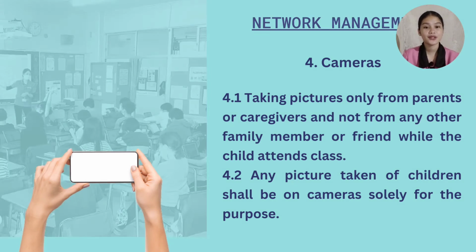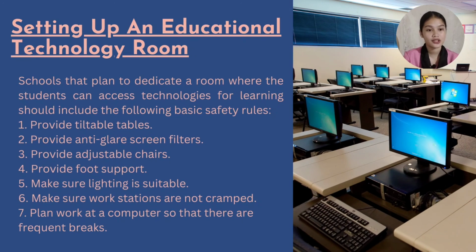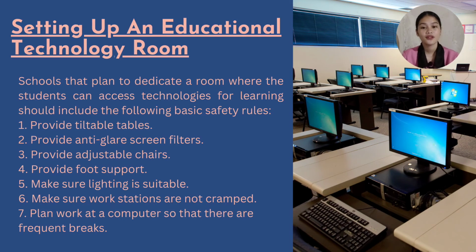Now let's proceed to setting up an educational technology room. Schools that plan to dedicate a room where the students can access technologies for learning should include the following basic safety rules. 1. Provide tiltable tables. These tables can be tilted and adjusted to the height of the users. 2.